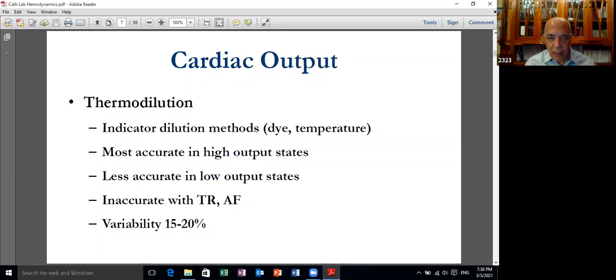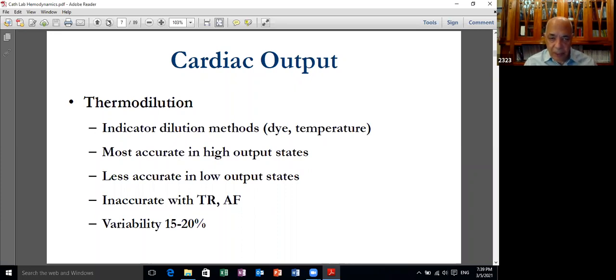It's most accurate in high cardiac output state. The reason for that is that the distance between the proximal port where the injectate is being injected and the thermistor at the tip is going to be very short. So you have to have a high cardiac output in order to get a significant change in the temperature of the saline for the mixture of the blood and saline.